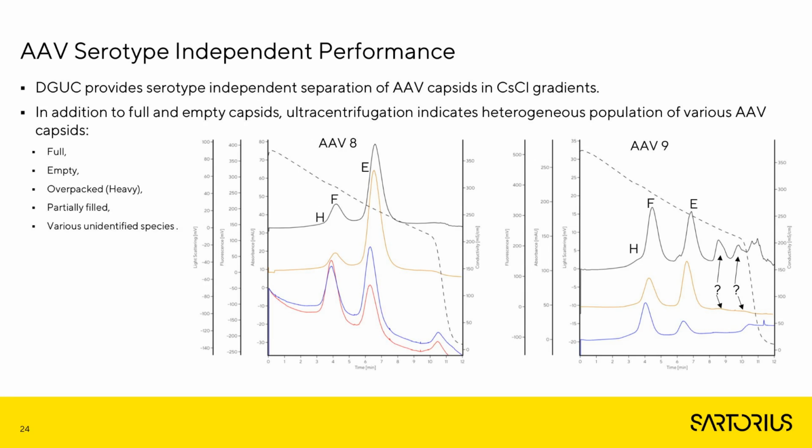And in the case of AAV9, we demonstrated that we can also detect various unidentified species that would require further evaluation and characterization. So with the question marks, we see a subpopulation of low density, large particle size components that are, for example, coexisting with the AAV sample in this specific material.